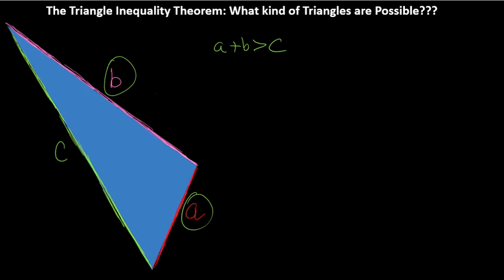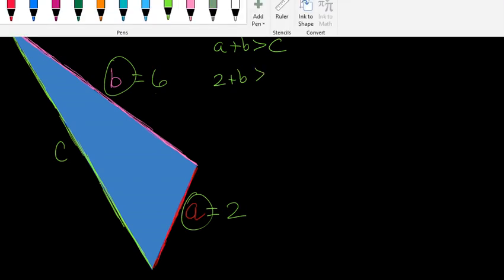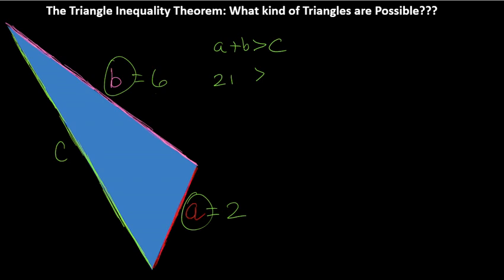Okay, so to give you a numerical example, let's say that side A was, I don't know, 2, and side B was 6, right? That would mean that 2 plus 6 would have to be greater than whatever side C is, right?